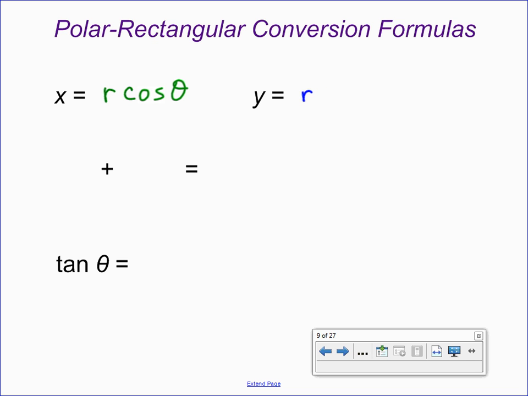Well, you know that's r sine theta. Then our Pythagorean theorem holds true. x squared plus y squared must equal what? r squared. Again, because r is the distance from the origin, like the hypotenuse of my right triangle. Tangent of theta would be given by my ratio, vertical displacement over horizontal displacement. So for us, that would be y over x.